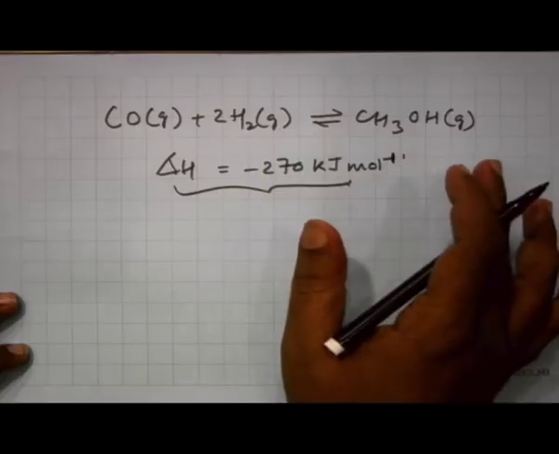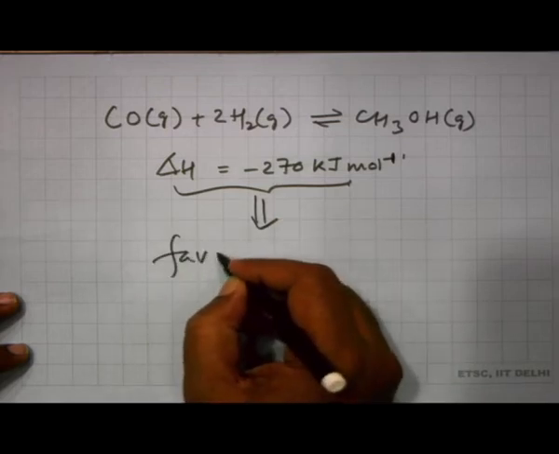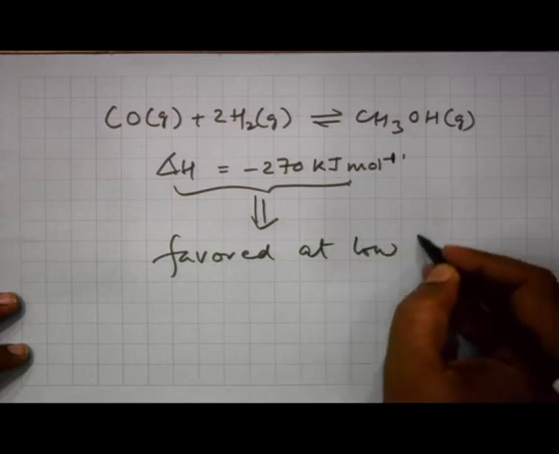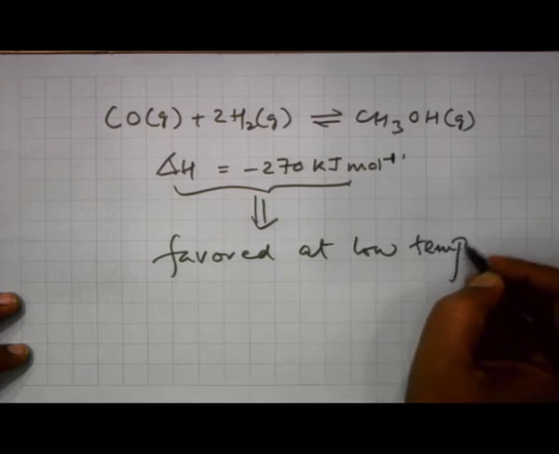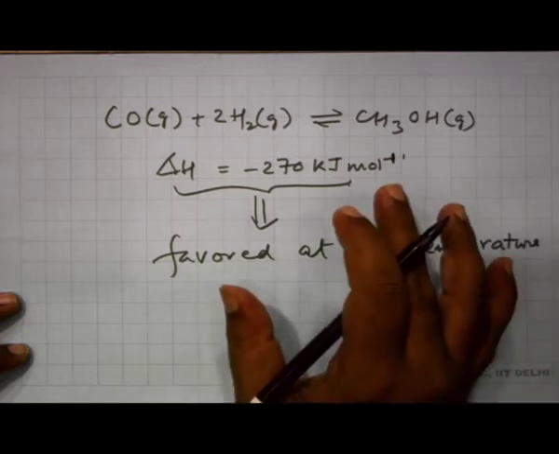In this case, heat is released, and so this reaction will be favored at low temperature. It means if we decrease the temperature, we can expect to get a higher amount of methanol.